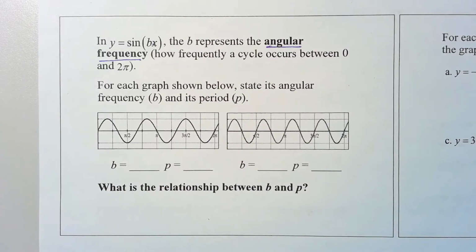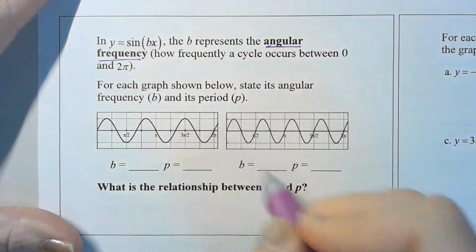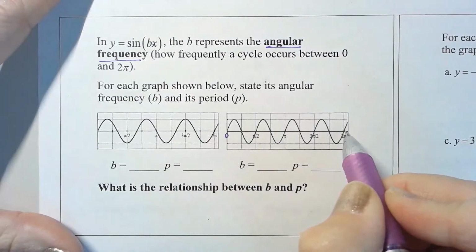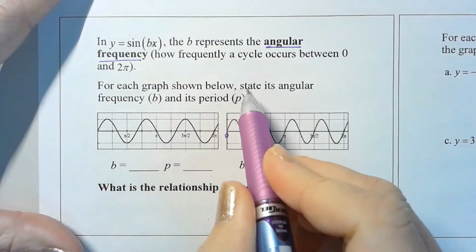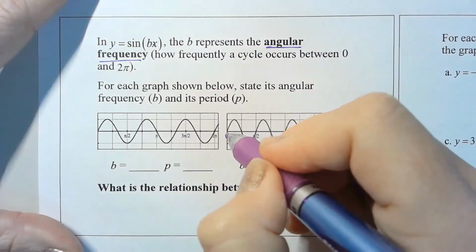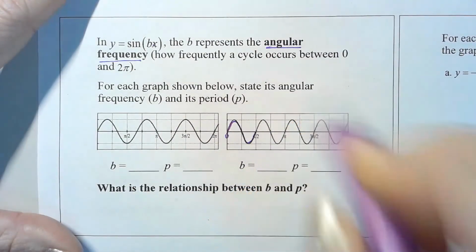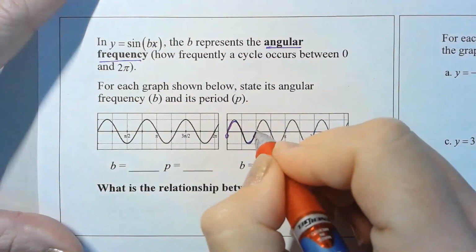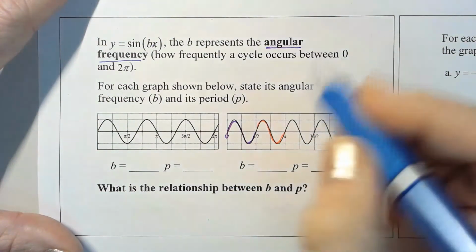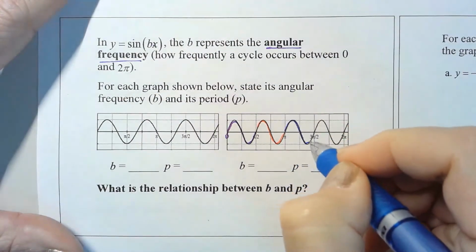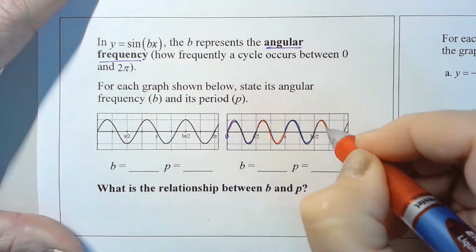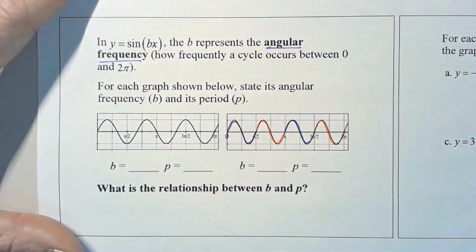Okay, so let's take a look. I'm actually going to do these graphs in reverse. So I want to do this one first. Here's 0 all the way out to 2 pi. I'd like to know what its angular frequency is and its period. So it's a sine graph, so I've got 1 complete cycle, 2 complete cycles, 3 complete cycles, we'll go back to red, 4 complete cycles.